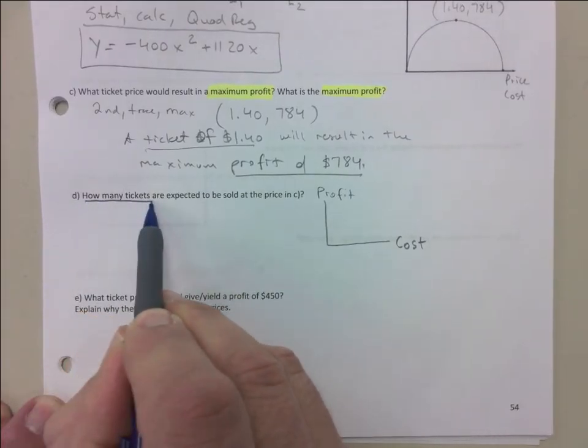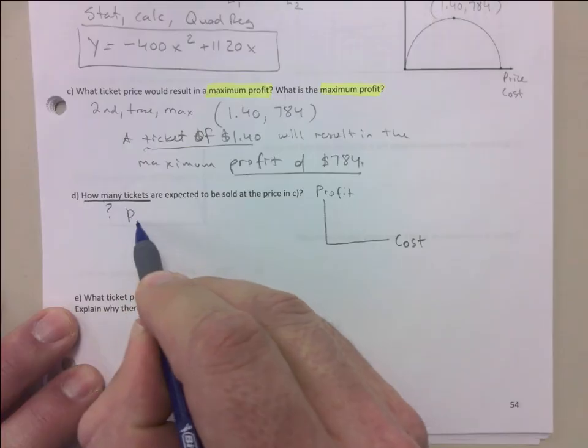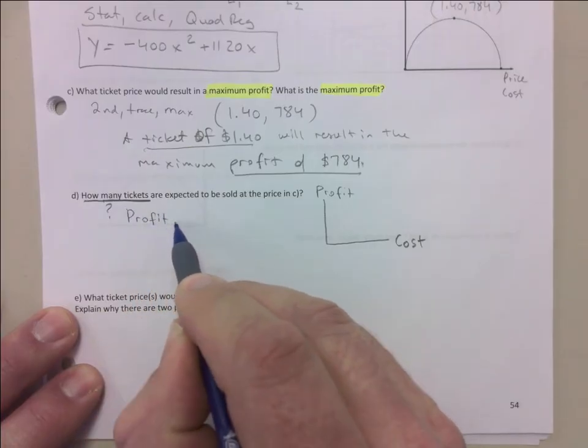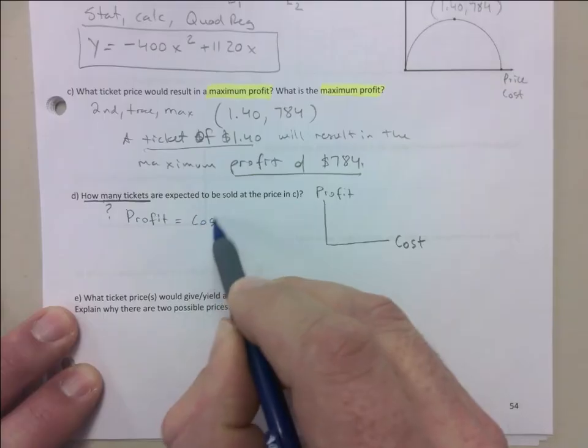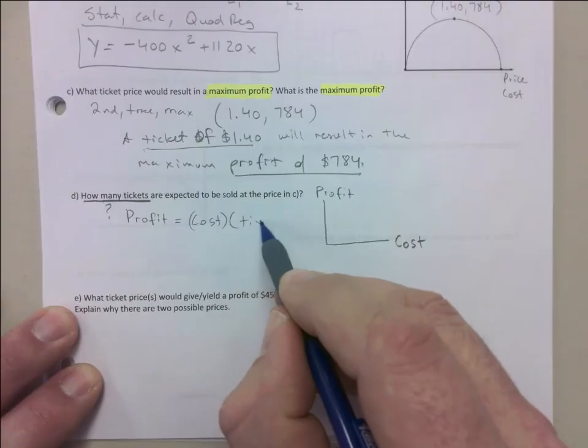How many tickets? It's asking me how many tickets. I can't do that just like that with the graph, okay? So I need to use this fact right here. Profit is cost times tickets.